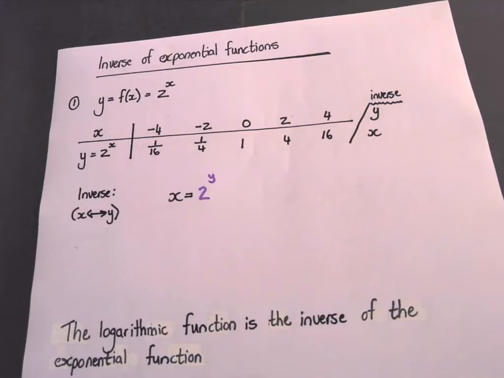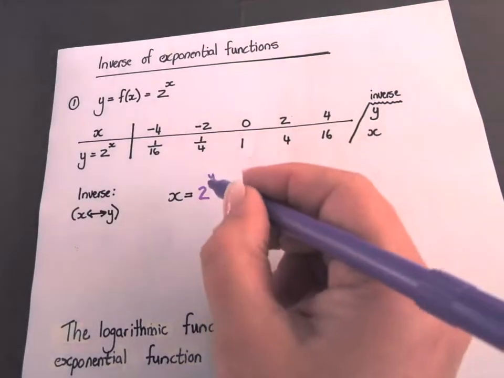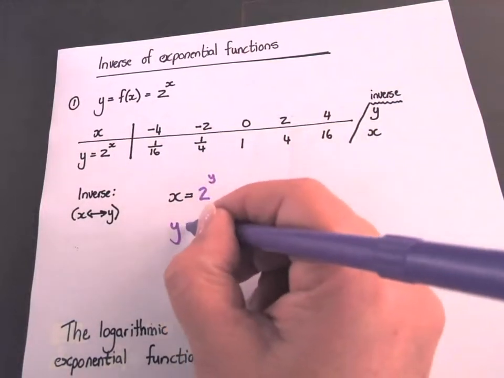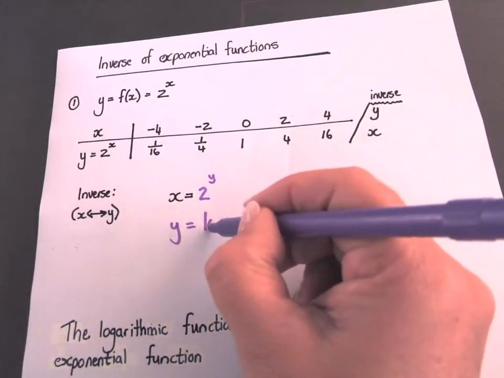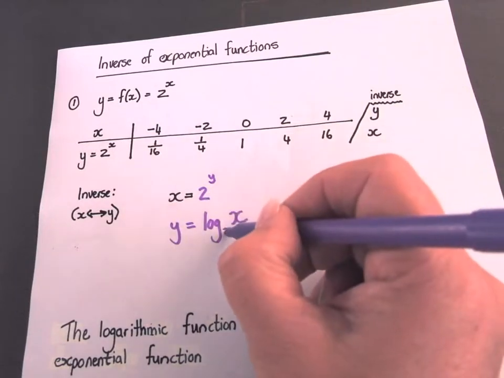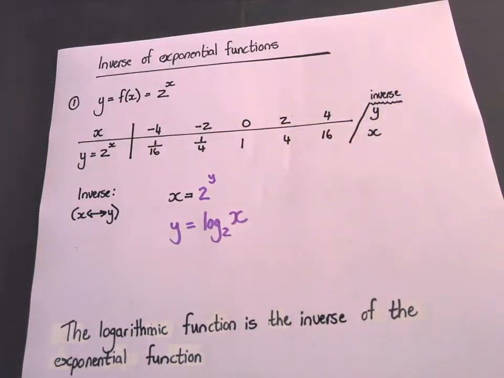And now you use the definition of log to calculate y. y is the exponent, so y stands alone. That equals the log of x base 2. And there's your inverse function.